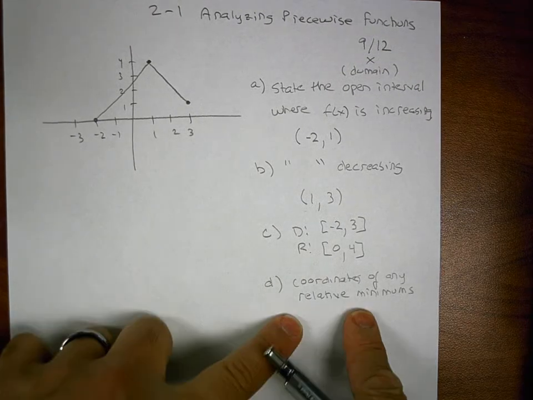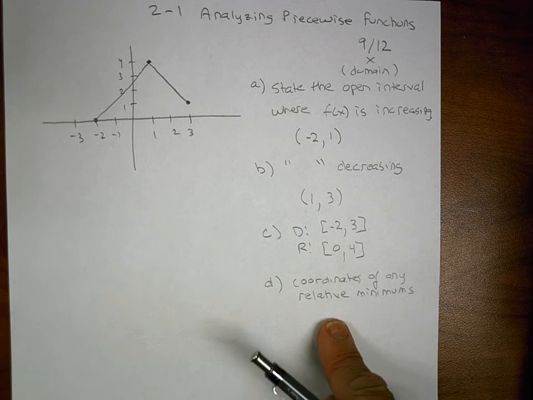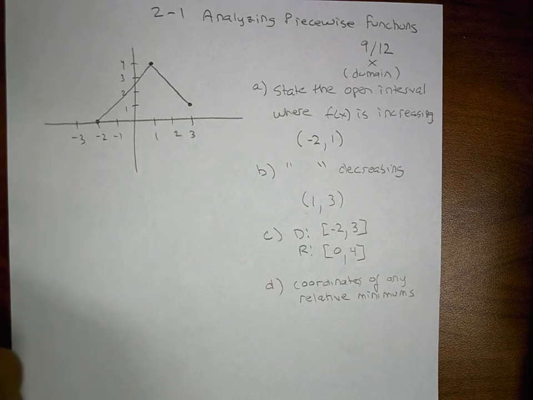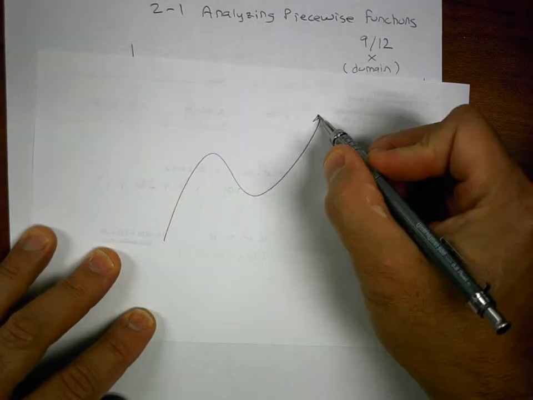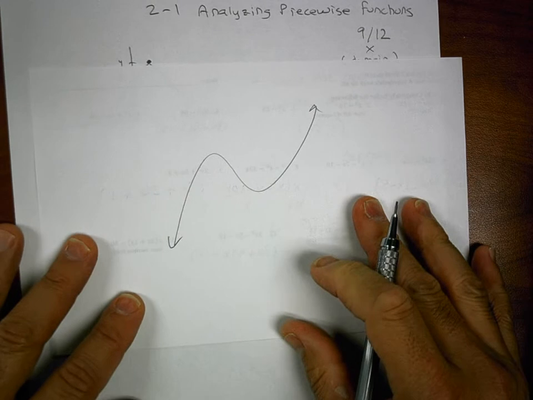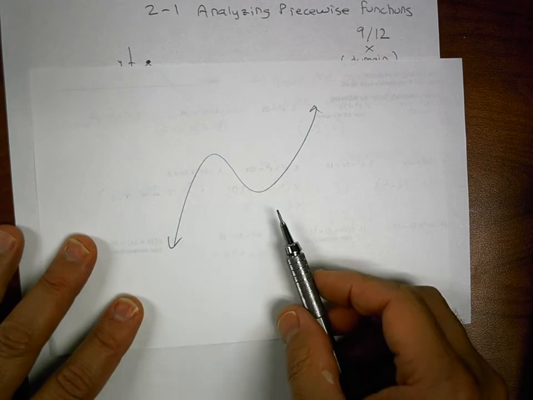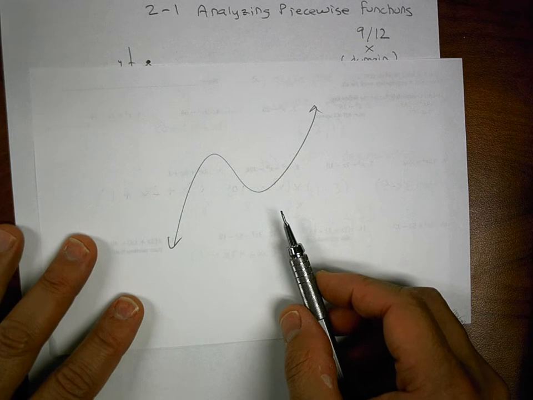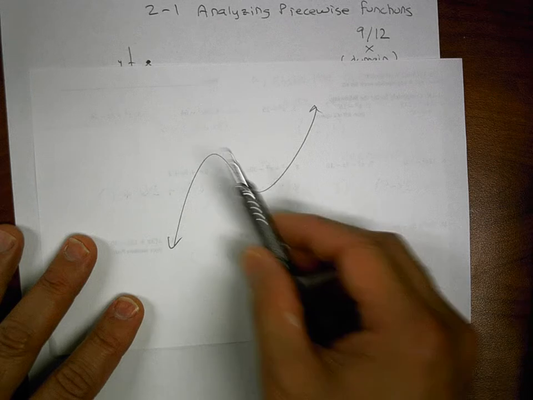Let me describe what a relative minimum or a relative maximum is. I'm going to just get a piece of paper here. You don't have to draw this, but let's say we had something like this. Just by intuition, do you think there's a relative maximum on this curve?